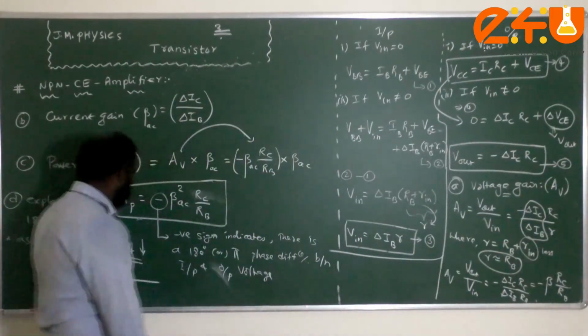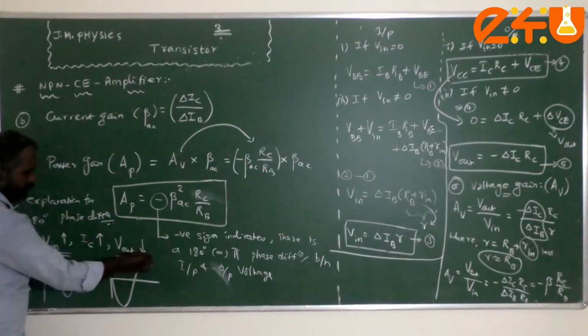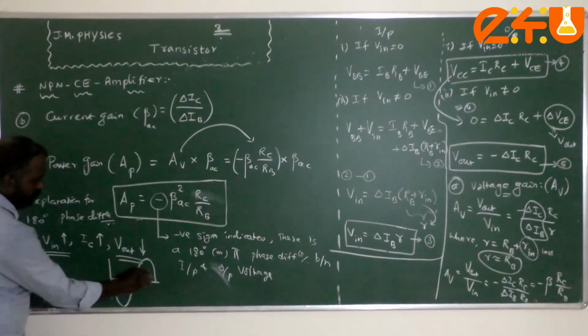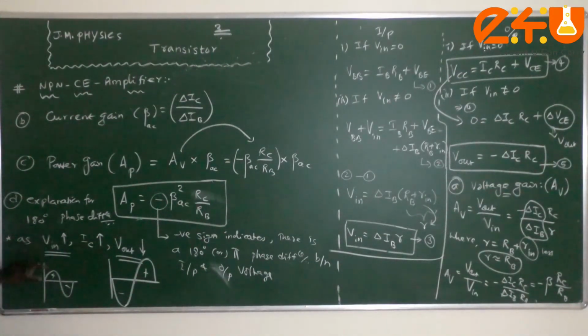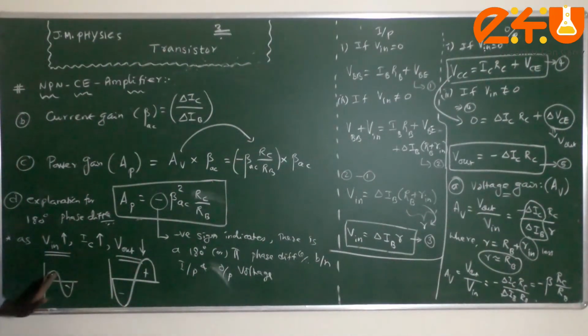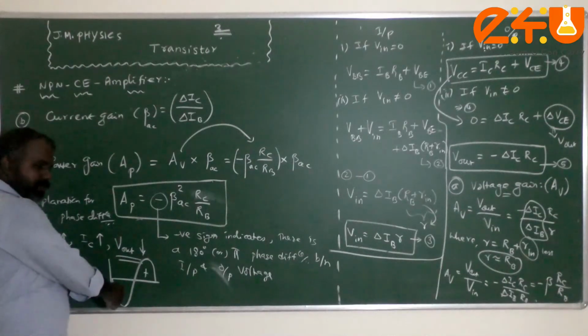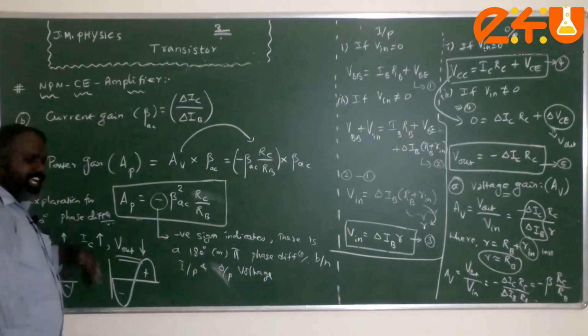Therefore the output voltage will be amplified, and that's why the peak value will be more. The peak value is less for the input signal, but here it will be maximum. So the voltage or current given as a weak sinusoidal signal can be increased or amplified.